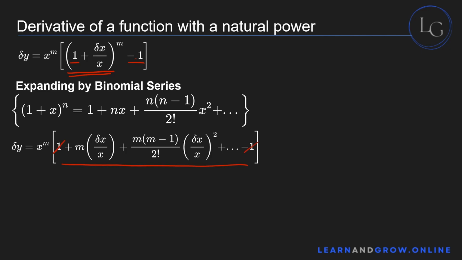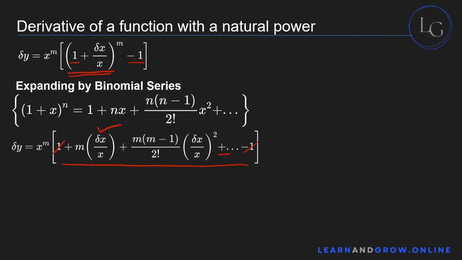So this will become 0, and every expression now will have at least one delta x over x expression in them. The first one will have one delta x over x expression, the second will have delta x over x whole square, the third expression, which comes after this addition sign, will become m into m minus 1 into m minus 2 over 3 factorial into delta x over x whole to the power 3.